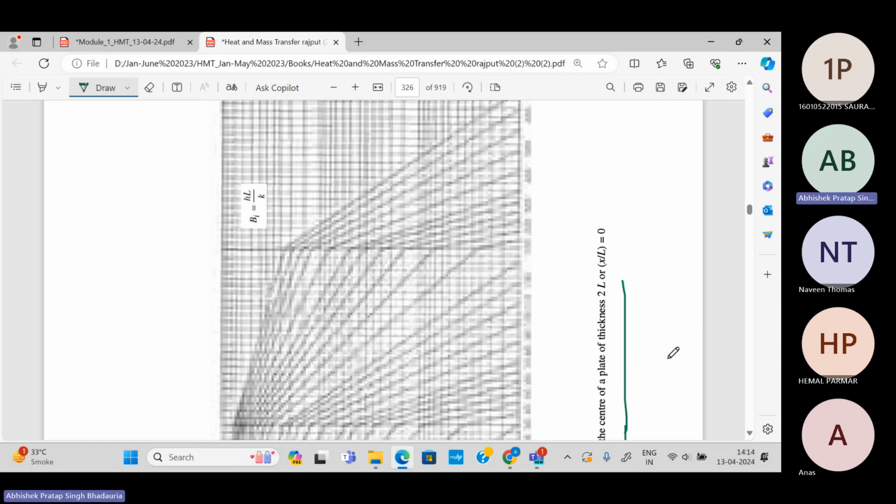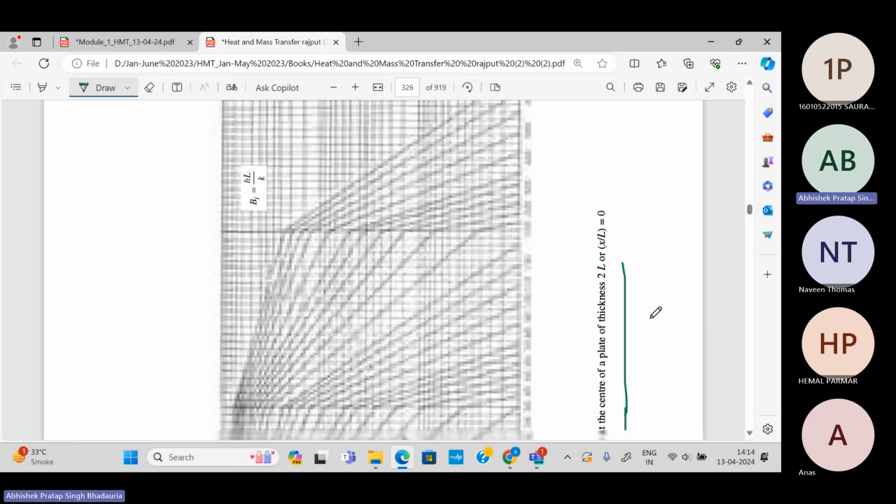If we have to find the temperature at the center line or the mid plane, we use the Heisler chart of that geometry. If we have to determine the temperature at a location other than the mid plane, we use the correction factor chart of that geometry. From that chart we find the correction factor, and then multiply it with this parameter, that is, the temperature distribution.